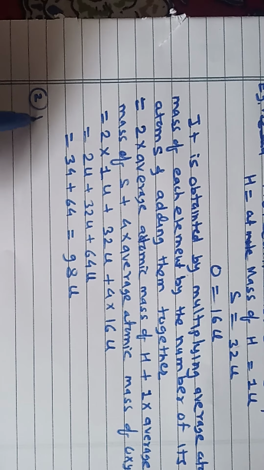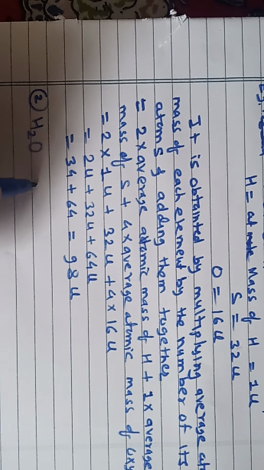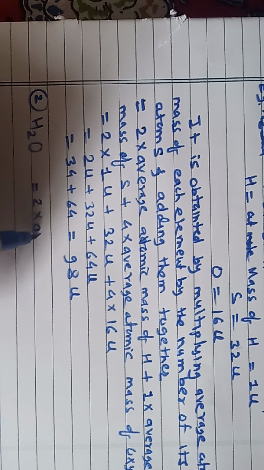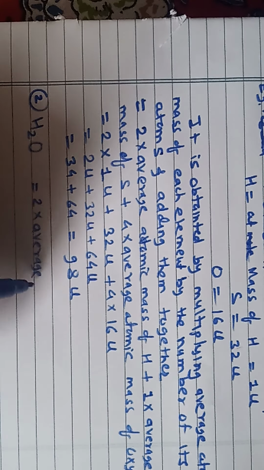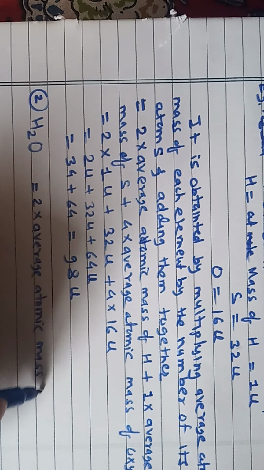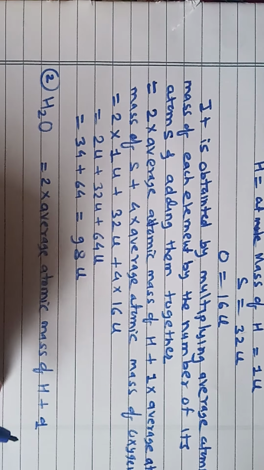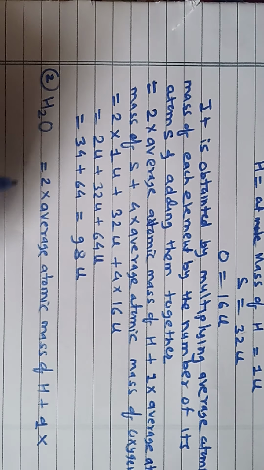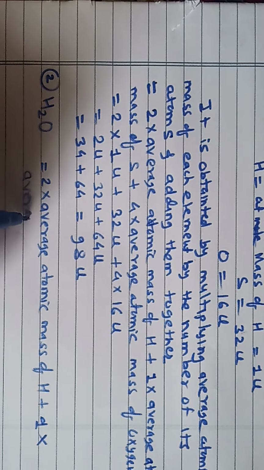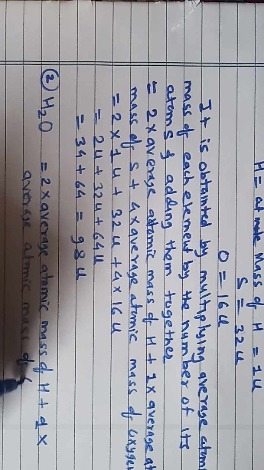The simple example is water. If I have to find out the molecular mass of water, so 2 into average atomic mass of hydrogen plus 1 into average atomic mass of oxygen.